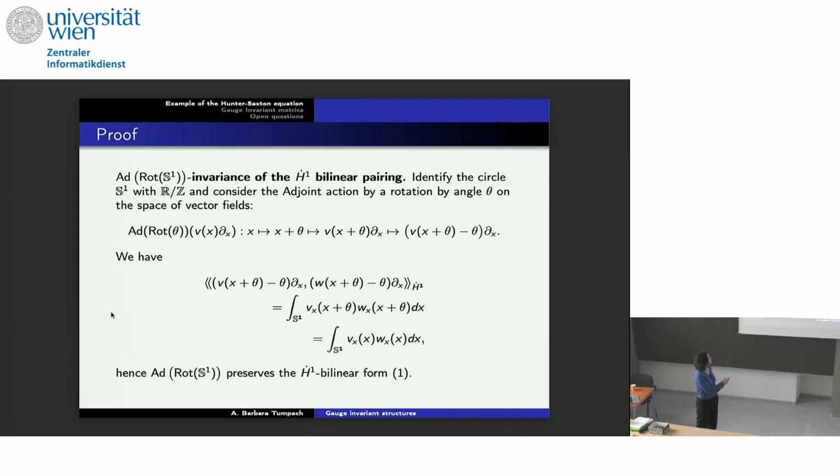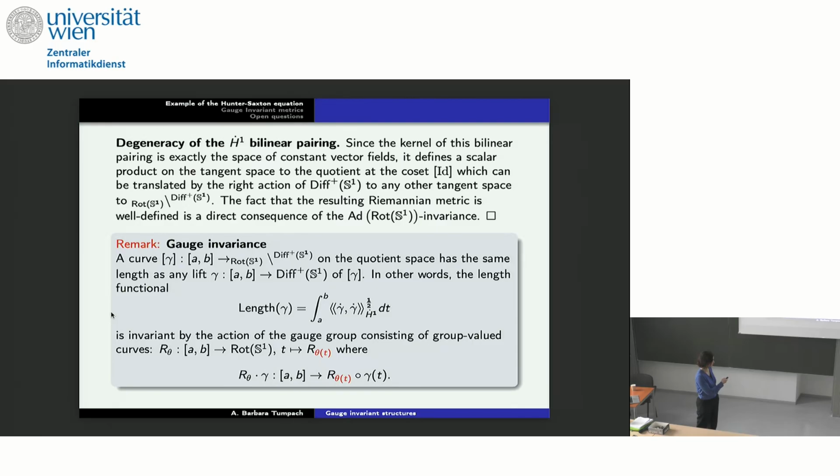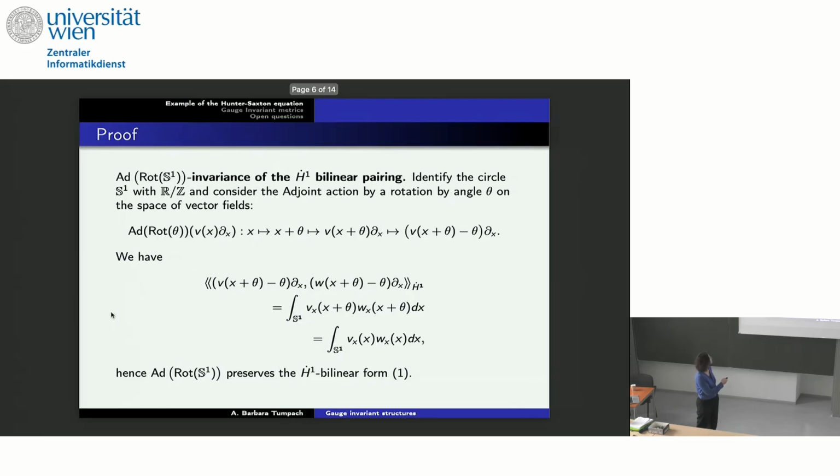So you start with x, make a rotation, meaning you add an angle theta. You start with the x on the circle, you rotate it, so here we are in the space of angles, so you're just adding a fixed angle theta.